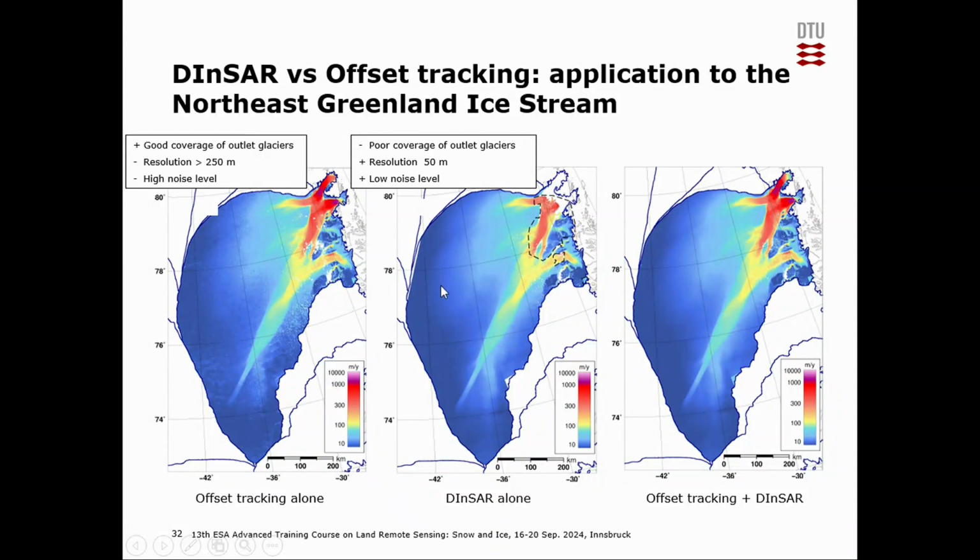Interferometry: much smoother here on the interior. Here, it's Armageddon of phase unwrapping errors. It's a disaster. This is unreliable, to be thrown away. Merger of the two: good coverage of outlet, and high resolution and less noise in the interior. So, in general, we use all the techniques we can apply with the pros and cons they have.